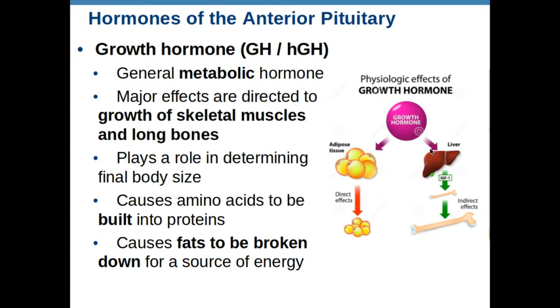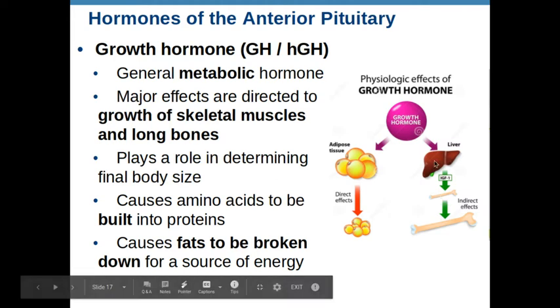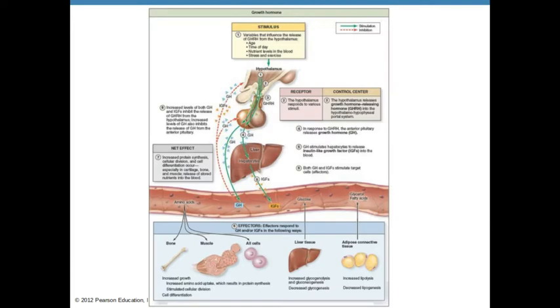But growth hormone doesn't directly bind to bones or muscles. These targets are indirectly affected by growth hormone based on something produced in the liver, okay, called IGF.